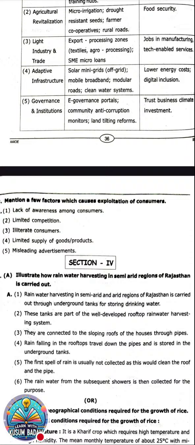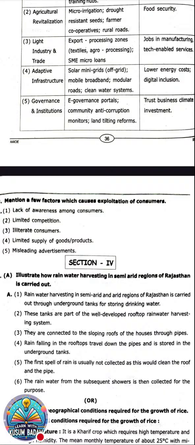Next one, limited supply of goods. When there is hoarding, sometimes they have the thing in the market but keep it hidden, create scarcity, increase the price and then start selling it. That is also a kind of exploitation, when there is limited supply of goods and products. And misleading advertisements.